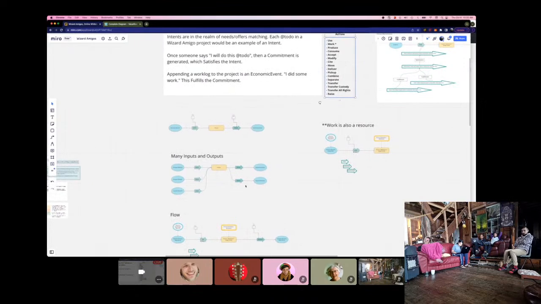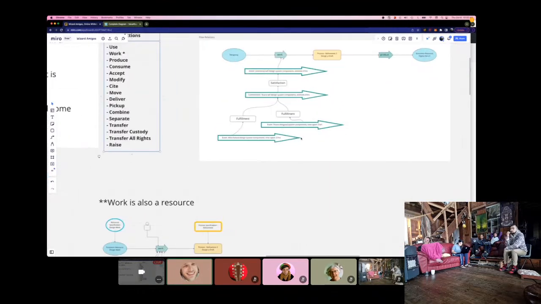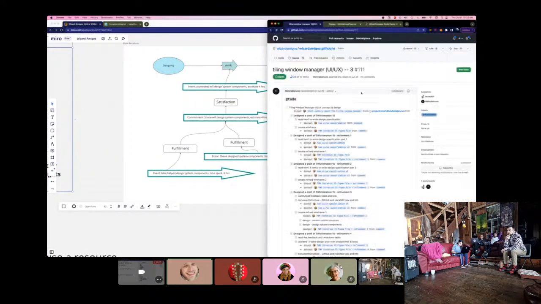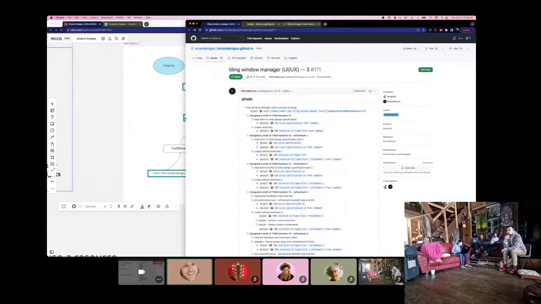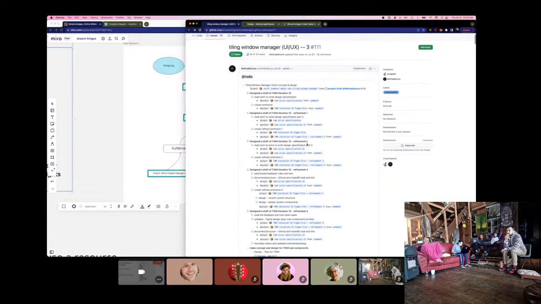And that is kind of what happens here. So when someone generates a new GitHub project, they're basically saying, hey, I have work that I want done. Would someone do this?